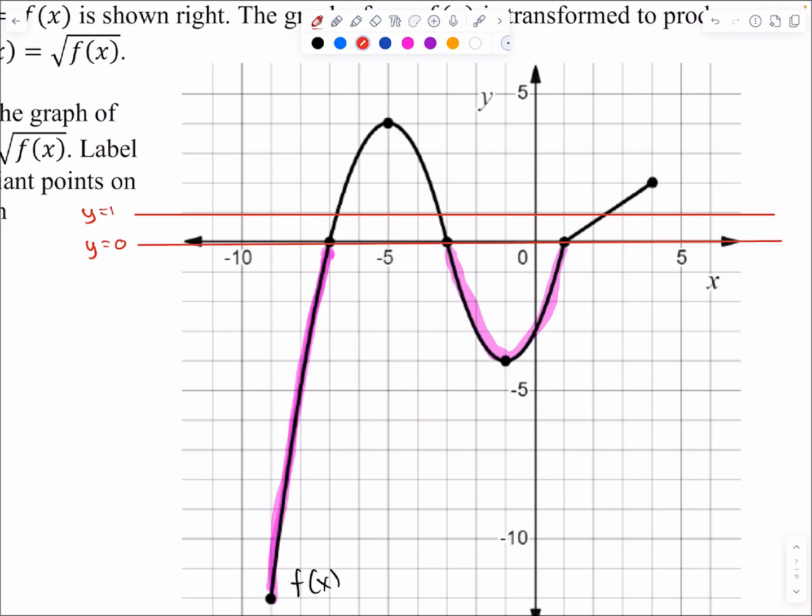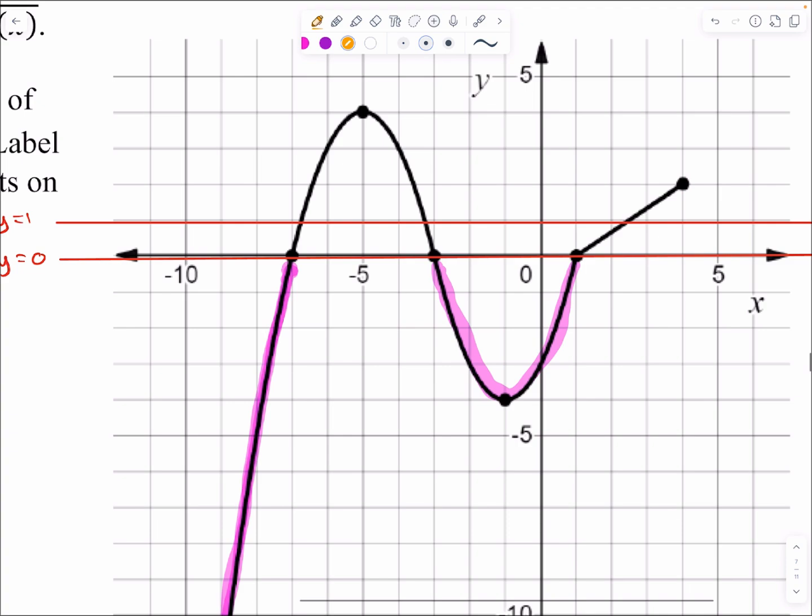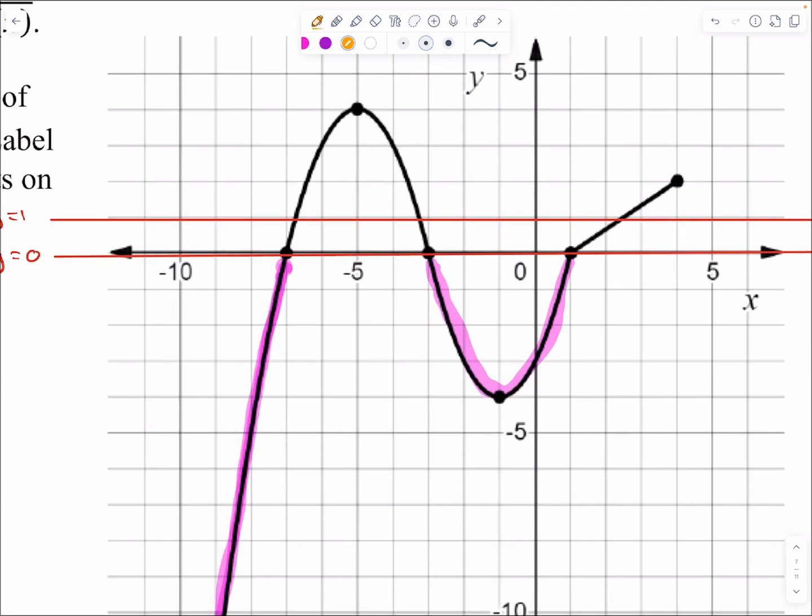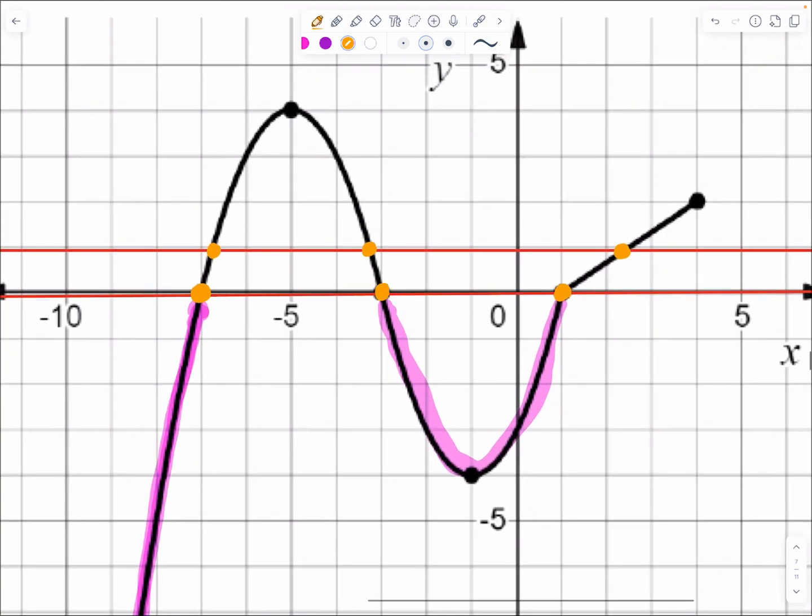Why I do that is because I can identify my invariant points from where those lines intersect my original function f, when y is equal to 0 and y is equal to 1. So we got 2 there, 2 there, and 2 there. So we have 6 invariant points on this particular graph.